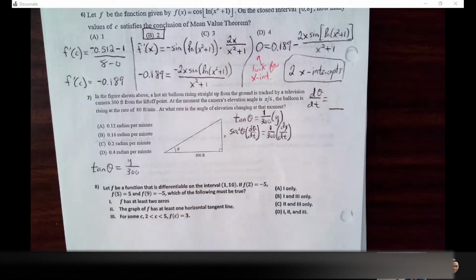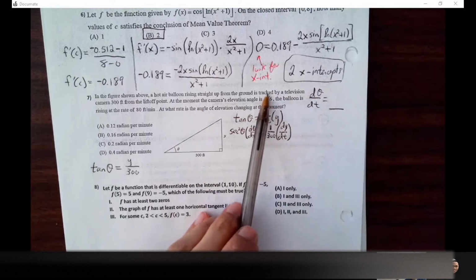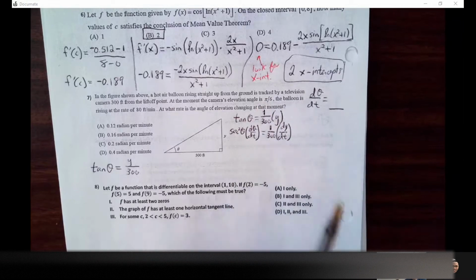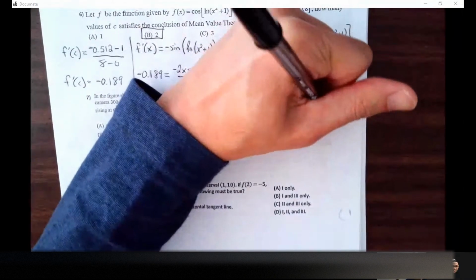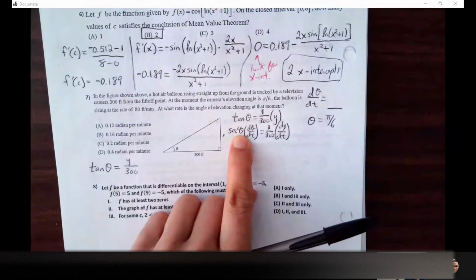So they tell us that the angle is pi over 6, so we're going to be able to replace all of the theta with pi over 6. In this case, we are given theta. Secant squared theta, that's the same thing as 1 over cosine of pi over 6 squared.